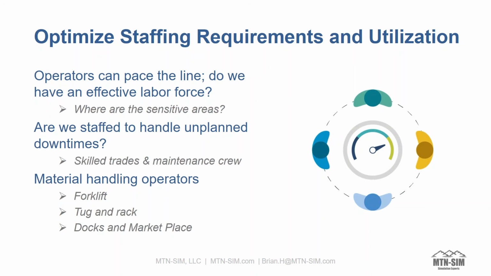A tag situation might say if a particular operator is going on break, then another operator comes in and continues where he or she left off. So we're going to continue the operation. In other words, there's really no stoppage.